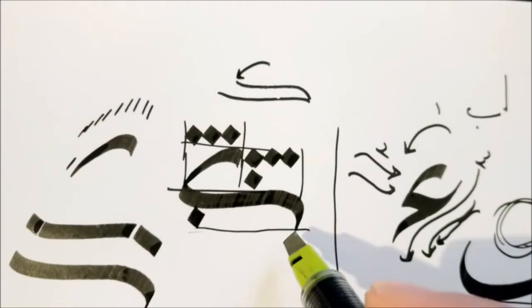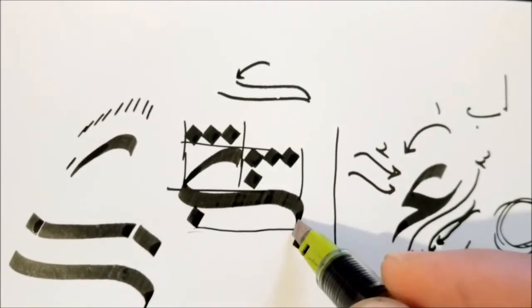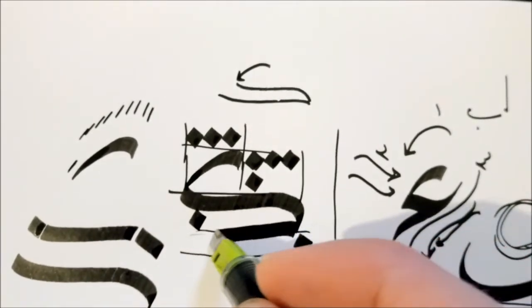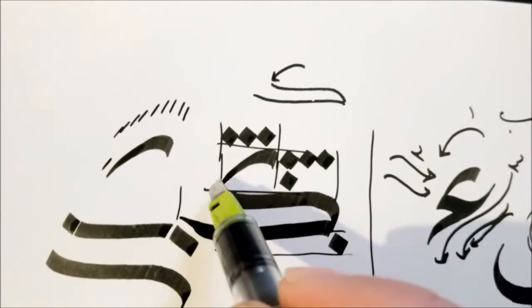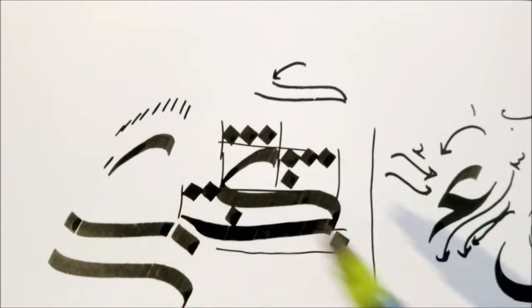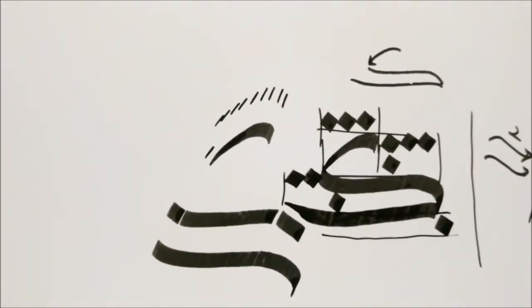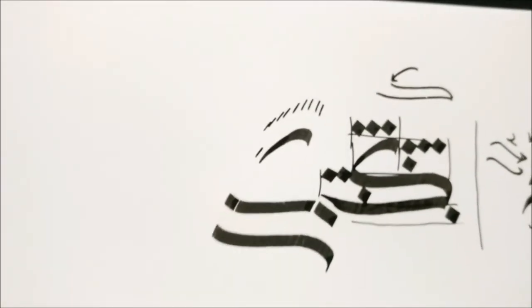The final move here is also 1 point of height, so we kind of do another Ba shape but at the end here, and the extension we add back here is 2 points. This way we get the Zindani Kaf. Let's try and write it without the dots.